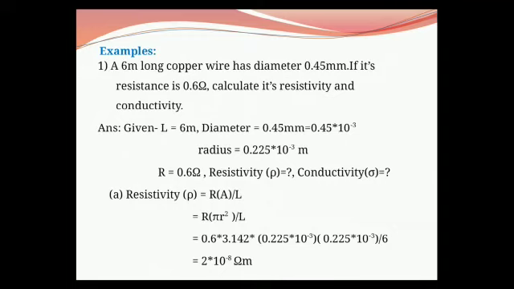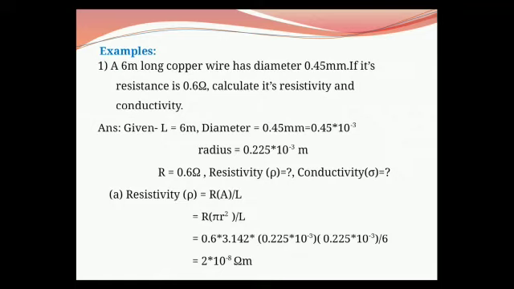While solving any numerical, first read it very carefully, write down the given values carefully and convert all the values into MKS system. The length of the wire is 6 meter and its diameter is 0.45 millimeter. When we convert it into meter, we get 0.45 into 10 raised to minus 3 meter.